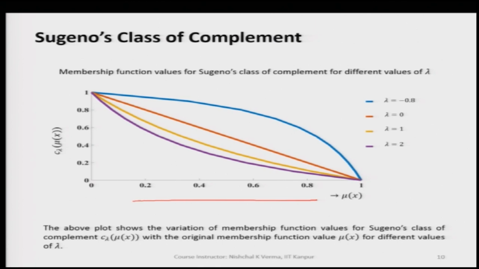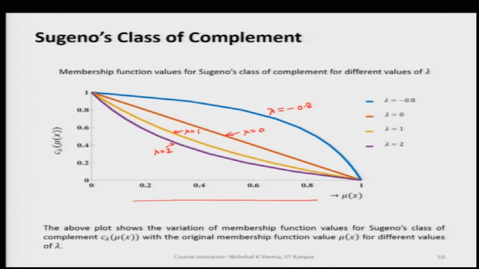So, when we plot these membership values and the complement membership values, we see that this is for lambda equal to minus 0.8, and this is for lambda equal to 0, and this curve we are getting as lambda equal to 1, and then we are getting this as lambda equal to 2.